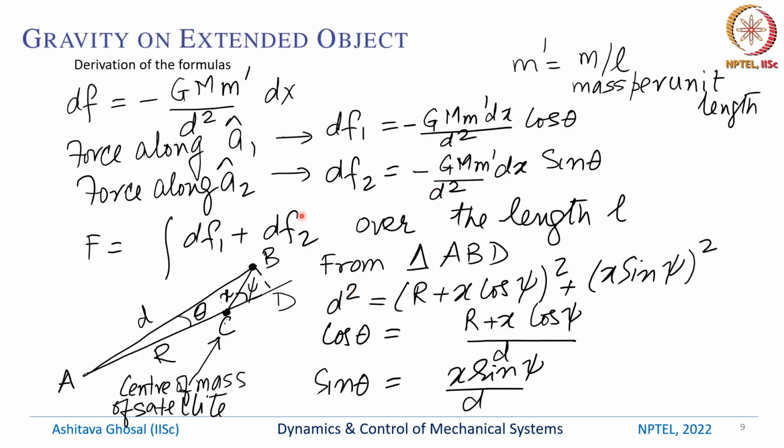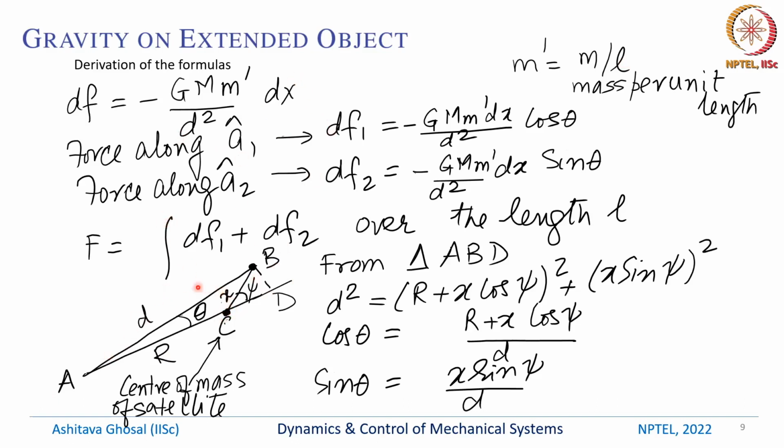So here is some quick derivation. As I said, we see this small element which is at a distance d. So what is the elemental force, which is minus G m prime, where m prime is mass per unit length, divided by d square, because it's at a distance d, and then there is a small element dx.